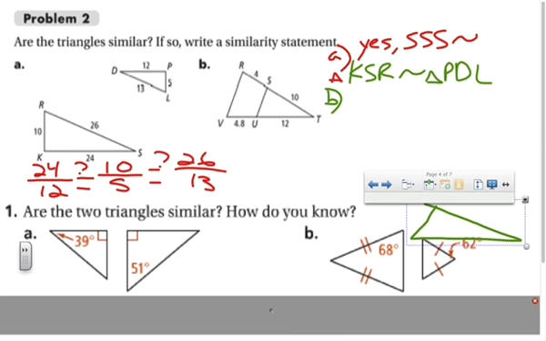Good. When we set up our ratios, you cannot just do 12 over 4.8, because as Taylor so wonderfully pointed out, that 4.8 isn't a side of the triangle, that's a side of the trapezoid. So we would have to check if 12 over 16.8 is equivalent to 10 over 14. And oh darn, that's only two pairs of sides.